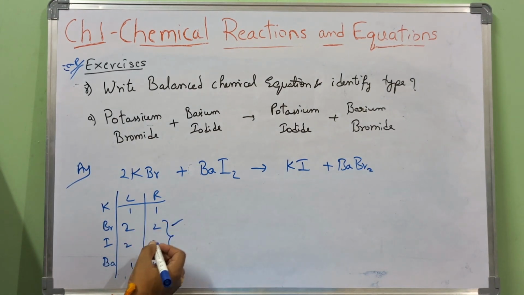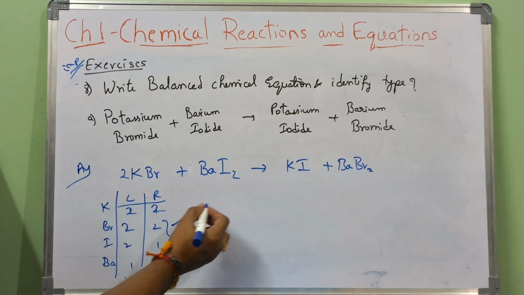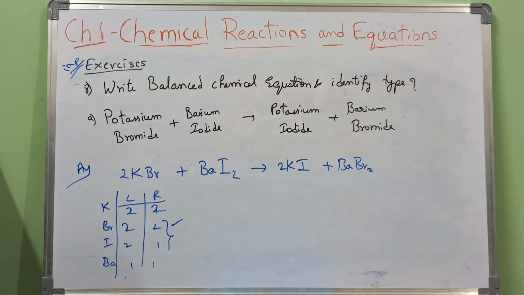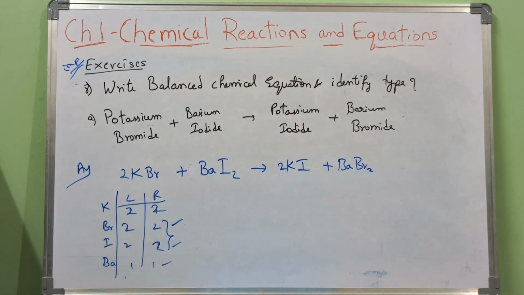So bromine is balanced now, whereas potassium is not balanced because K is 2 here. So let's balance by multiplying here. Now check, iodine is balanced, barium 1 and 1, iodine 2 and 2, bromine 2 and 2, potassium is also balanced. So in this way we can say that this is a balanced chemical equation.